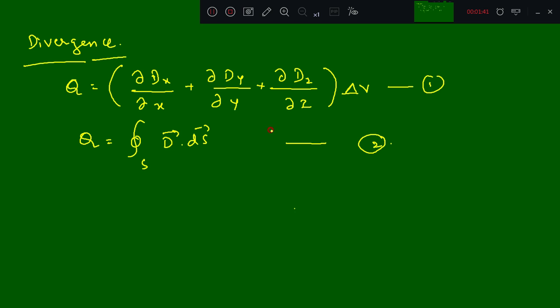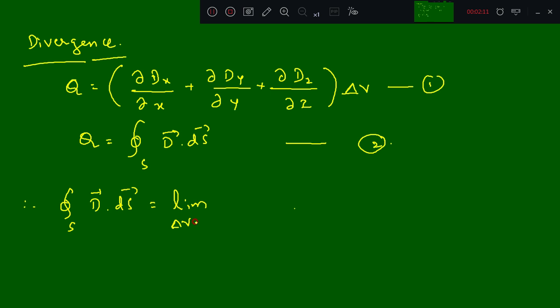And one more thing: we want to make the dv as small as possible, so we can apply the limit to this del v and make it tend to 0.